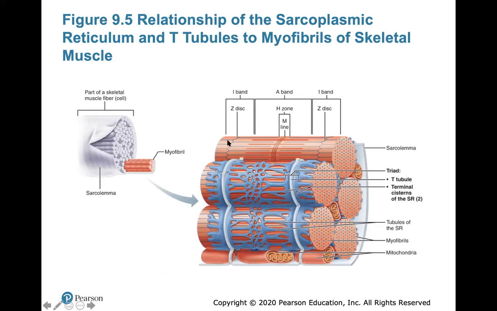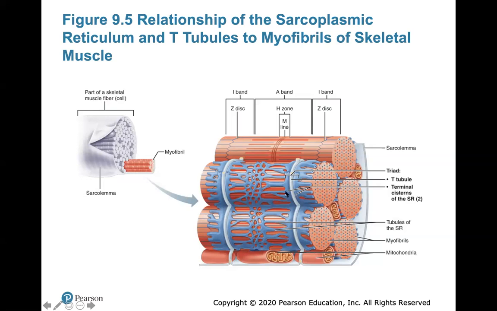So here we see the sarcolemma Z disc to Z disc and the different bands and how they correspond to the overlapping of actin and myosin. And in blue, you see the triad, which is made up of the T tubule and the terminal cisternae of two sarcoplasmic reticulum. So again, what you're seeing here in light blue and dark blue is just the T tubule, so kind of the invaginations that goes deep into the cell fiber, and then the sarcoplasmic reticulum on either side of that.